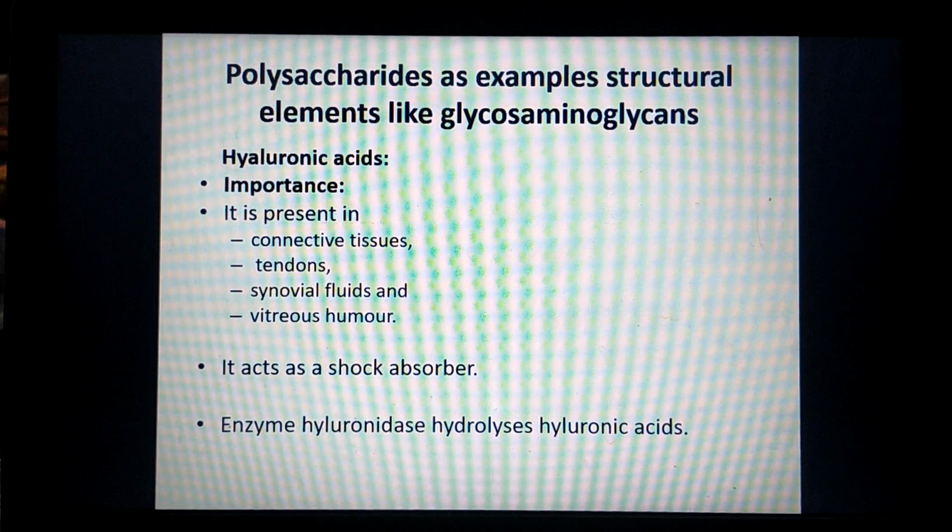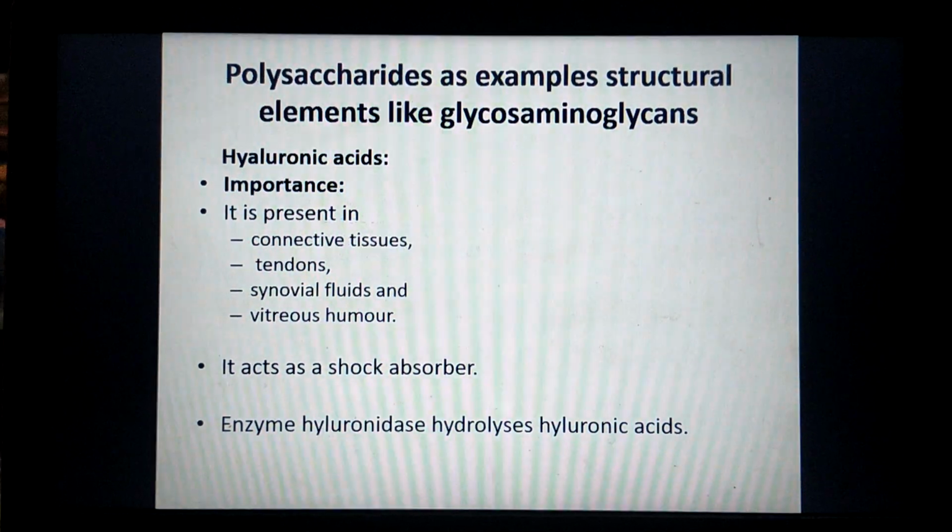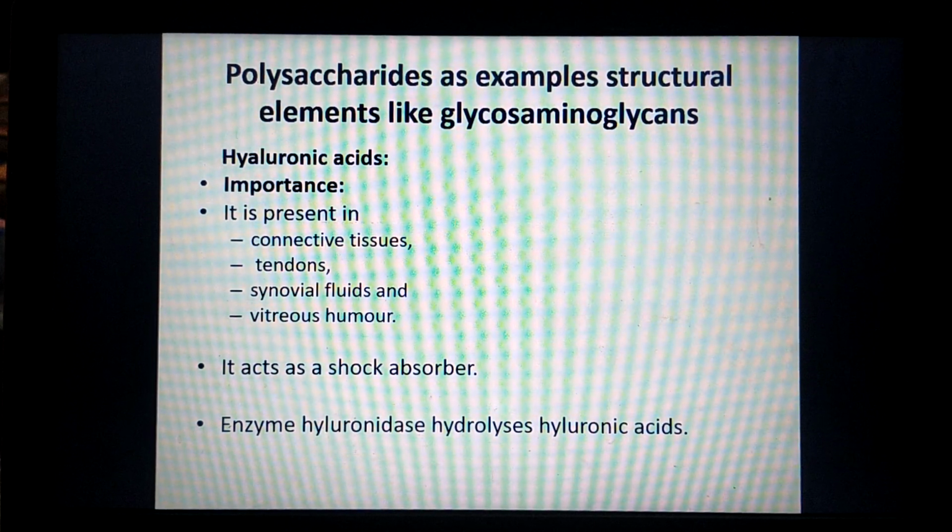Importance of hyaluronic acid. It is present in connective tissues, tendons. Tendon is a part of muscle where it binds with the bone. Hyaluronic acid is also present in synovial fluids, which is present around the joints and lubricate the joints.